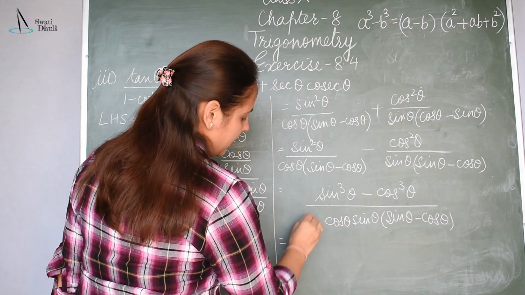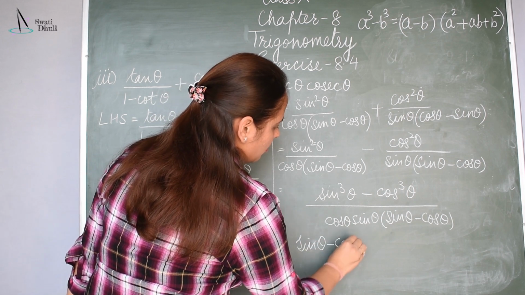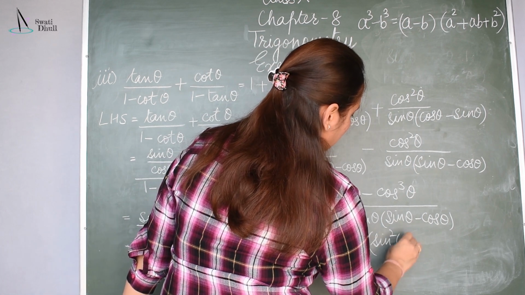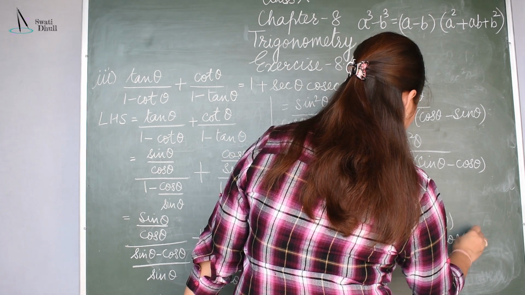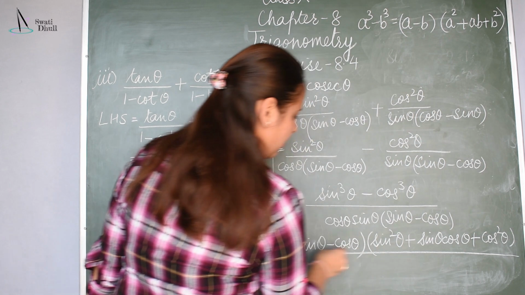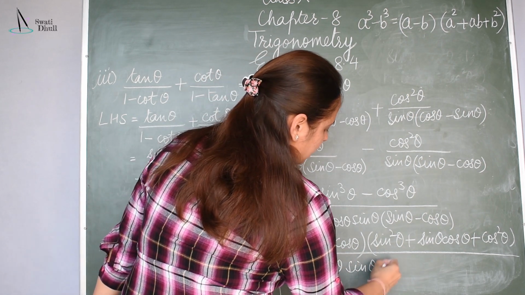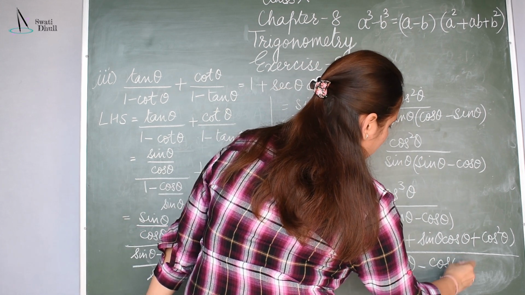Now let's simplify. It will become sin theta minus cos theta into sin square theta plus sin theta cos theta plus cos square theta, divided by cos theta sin theta into sin theta minus cos theta.